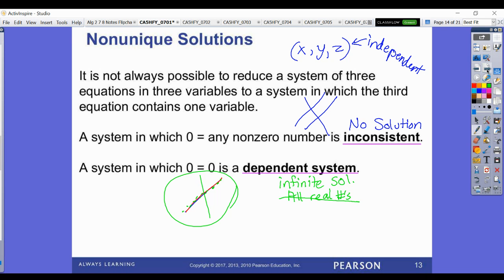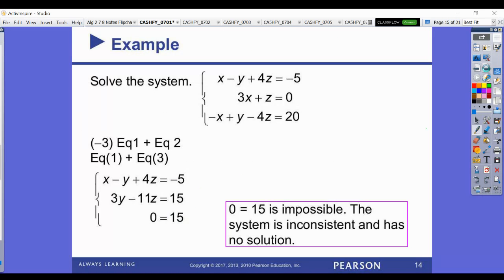All right, what does this look like in an equation? So here's an example. When we look at it, you can kind of glance and tell that these first and third equations kind of look a lot alike. So what happens when we start our process? Well, we have a 1, so we're good there. We have a 0 here, so we're good there. So let's make this a 0. In order to do that, all I need to do is add these two equations.